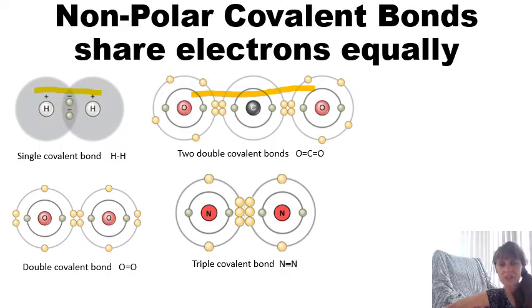When an atom shares one electron with another atom, that's referred to as a single covalent bond and is denoted by a single line between the two letters that denote that atom. You'll notice that carbon on the next picture is sharing 2 electrons on each side with the oxygen on either side.